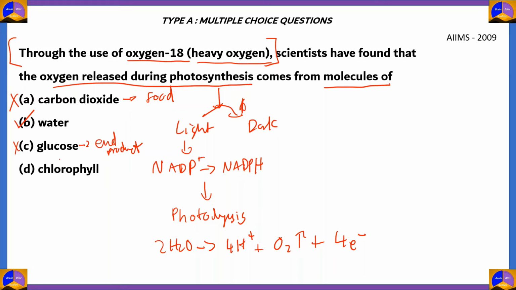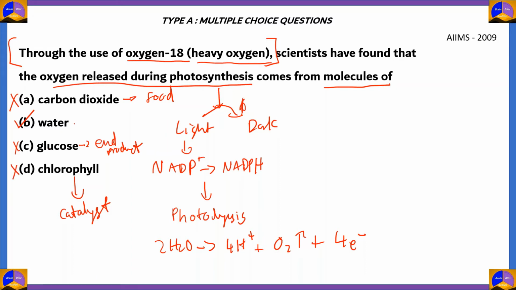And option D, chlorophyll, acts as a catalyst. So for photolysis and all the other reactions, the reduction of carbon dioxide, etc., that happens inside the leaf, chlorophyll is just a catalyst, and it is the medium by which sunlight is absorbed and then transferred from light energy into chemical energy. So therefore, option D is also incorrect.